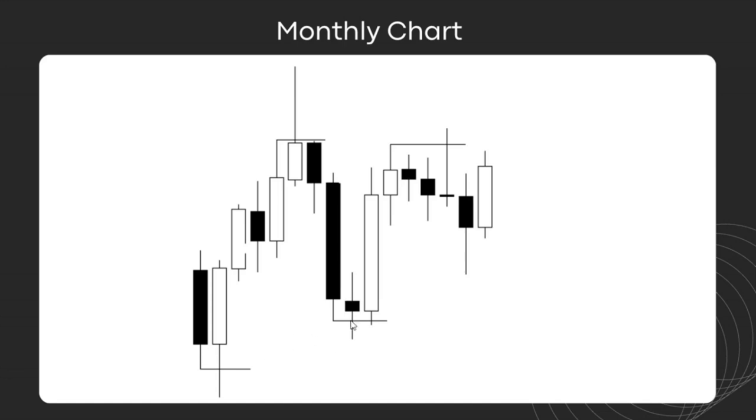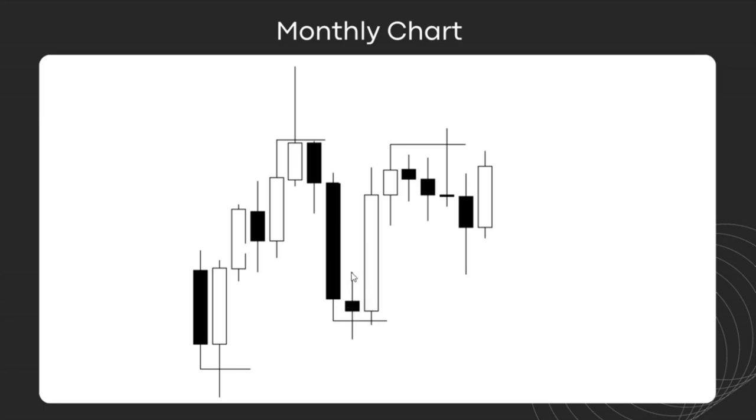So this monthly candle was a ranging candle. It closed inside, which shows bullish signs, and it also formed a wick, which enhances the bullish scenario even more because a wick represents lack of momentum, lack of energy. In this case, it's representing bullish signs because we've closed inside and formed a wick, right?